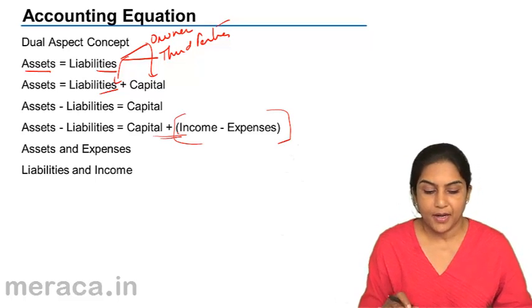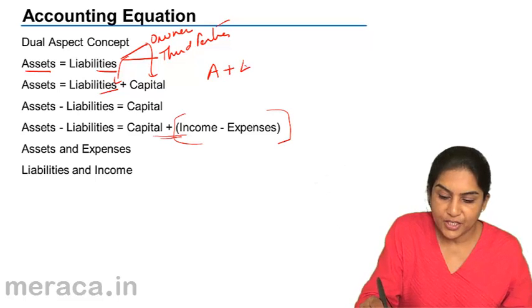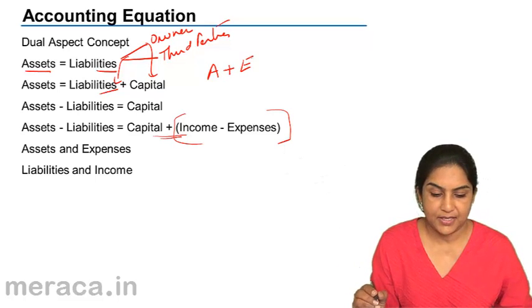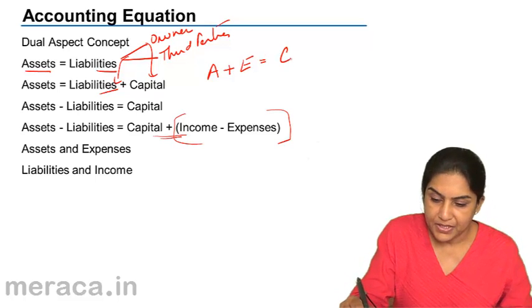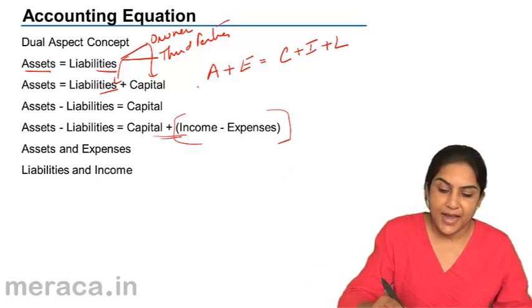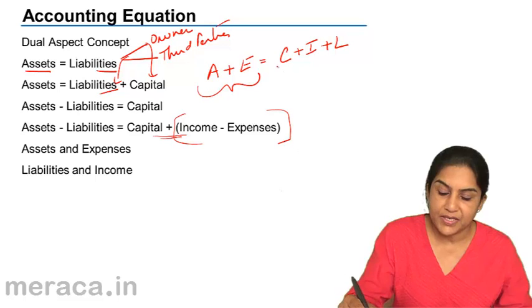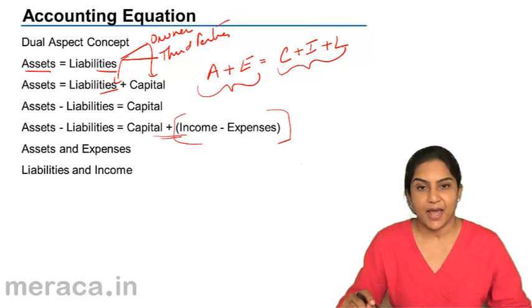This equation could also be arranged as assets plus expenses is equal to capital plus income plus liabilities. Assets plus expenses is equal to income plus liabilities plus capital.